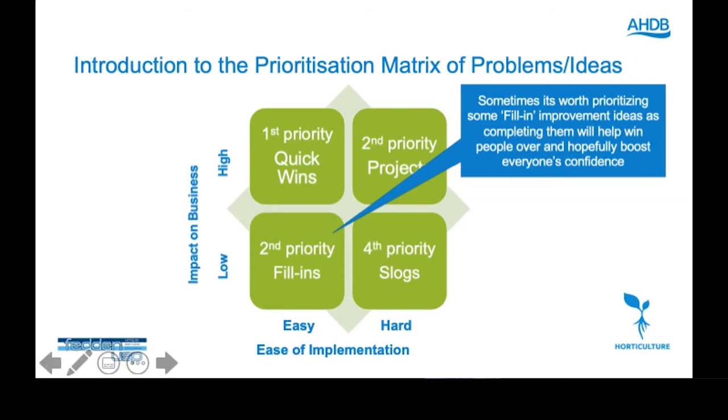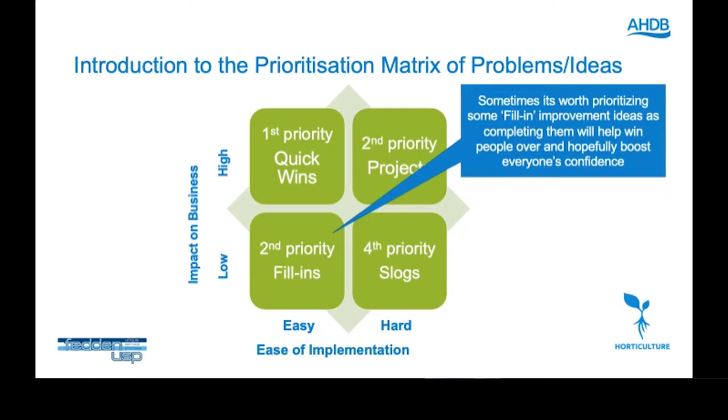They're harder to do, but still high benefit, so they tend to involve a little bit more time and effort. You may also have some things that are easy to do, but low benefit. We put them as second priority because sometimes it's nice to involve people and let them feel that their ideas have been worked upon, and therefore it encourages them to contribute more ideas in the future.